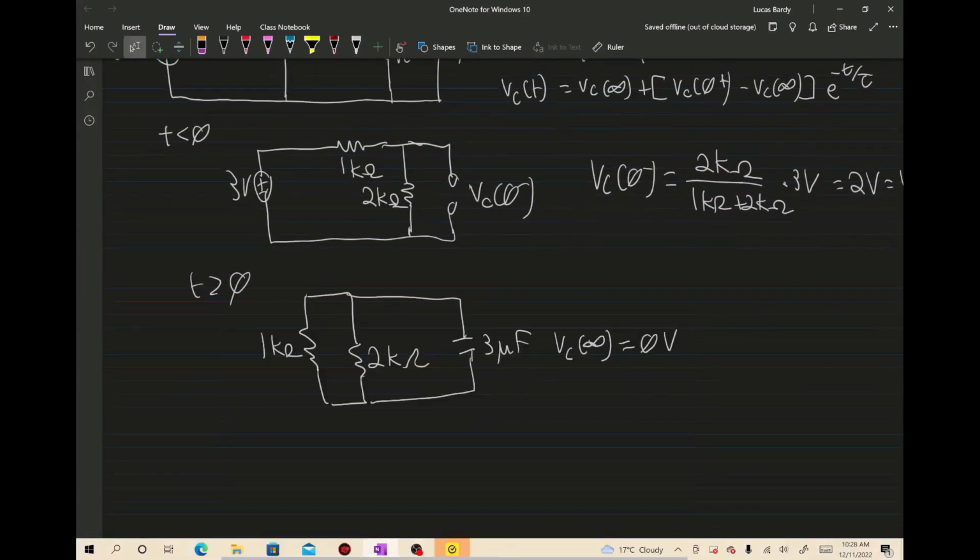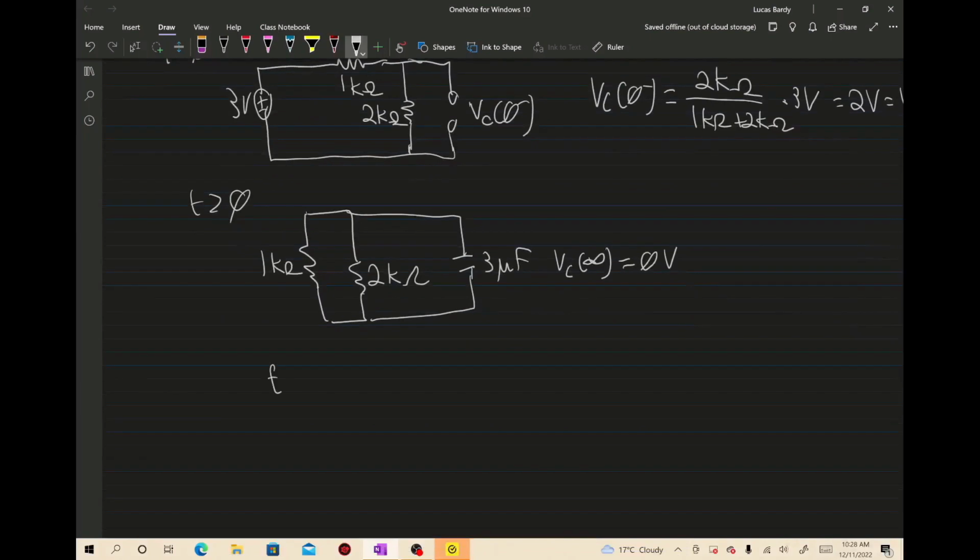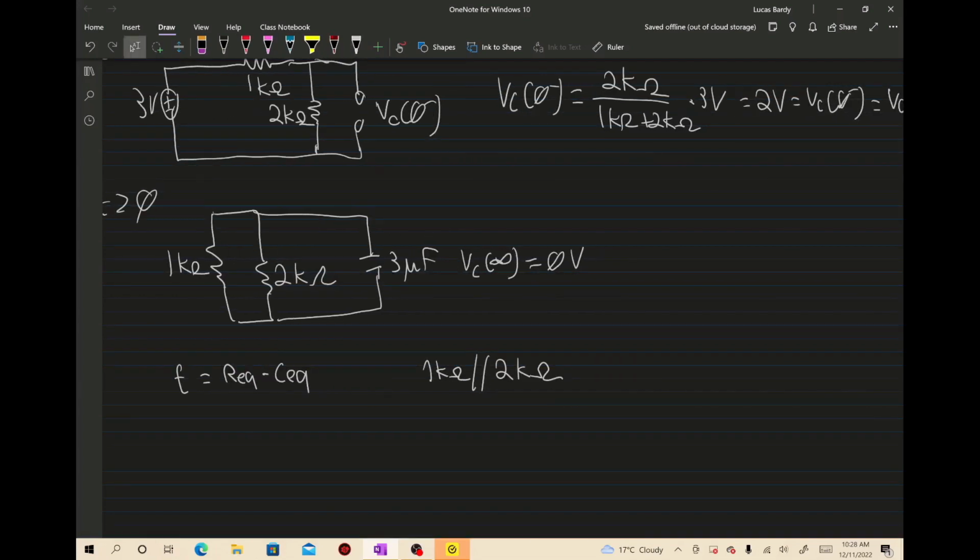Now here we can also solve for tau, which again is just Req times Ceq. We can see that in this case the 1 kilo ohm resistor is in parallel with the 2 kilo ohm resistor, which if you do the math, gives us an Req of 2 over 3 kilo ohms.